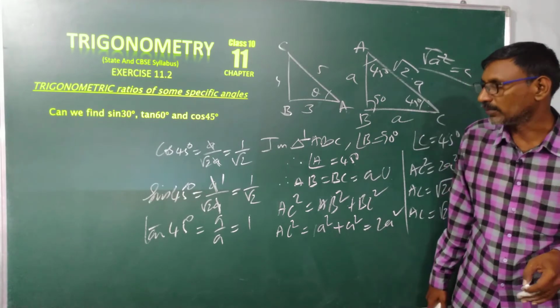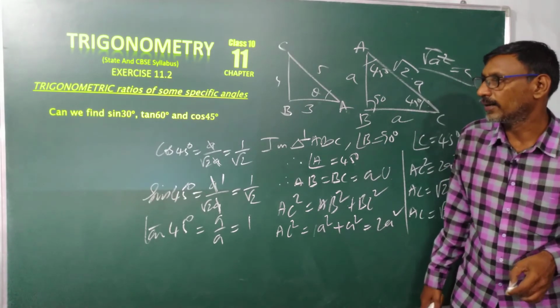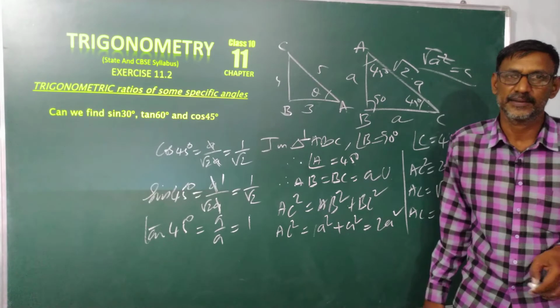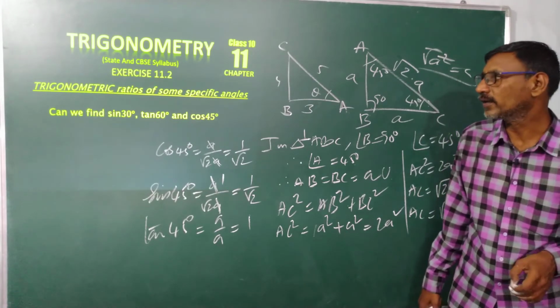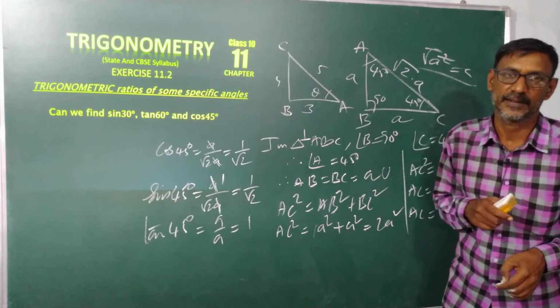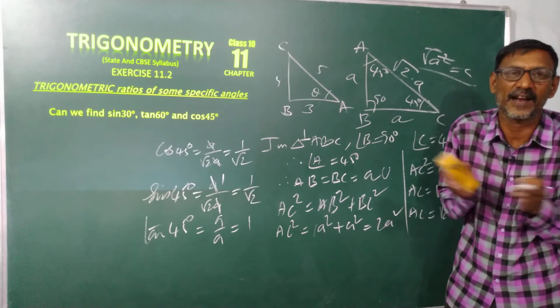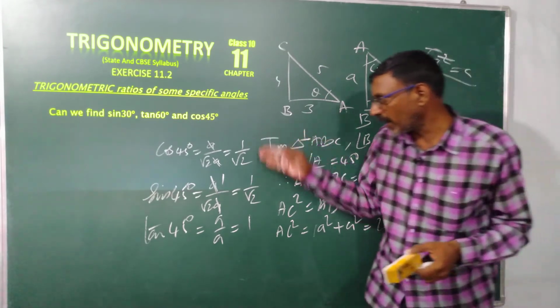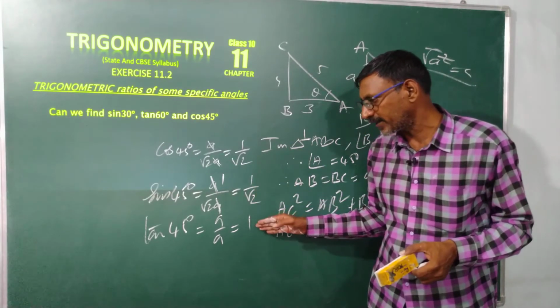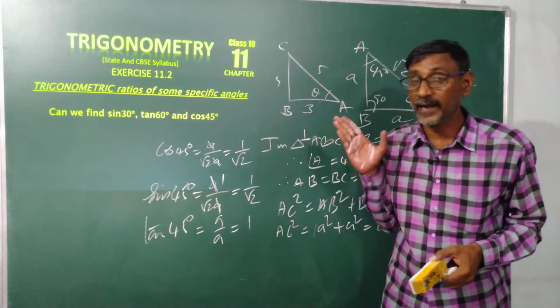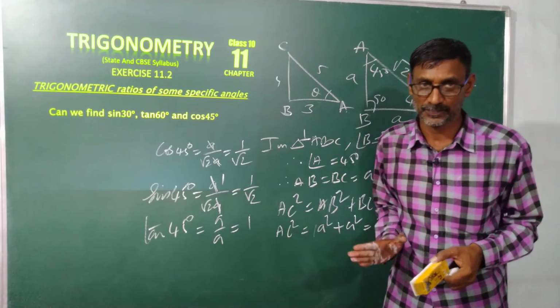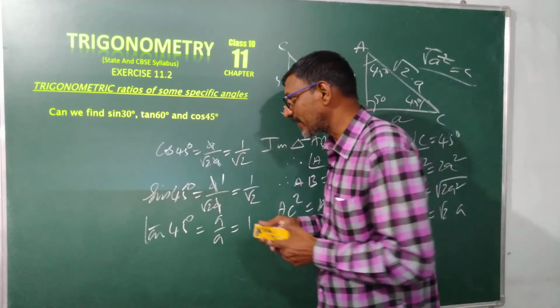Okay. Now we are coming to 30 degrees. What are the ratios of sine, cos, tan respectively? Here we have cos 45, sine 45 and tan 45. Now I can write their inverse ratios. What is its inverse ratio?